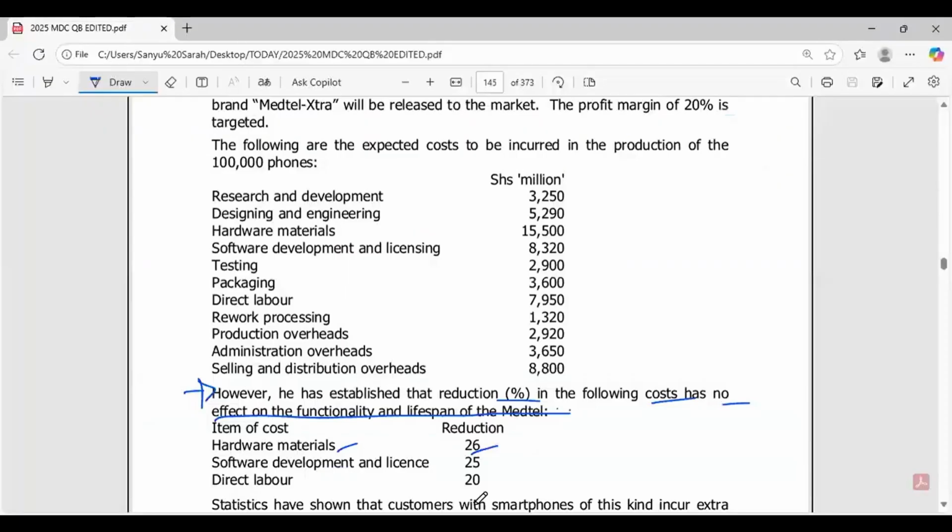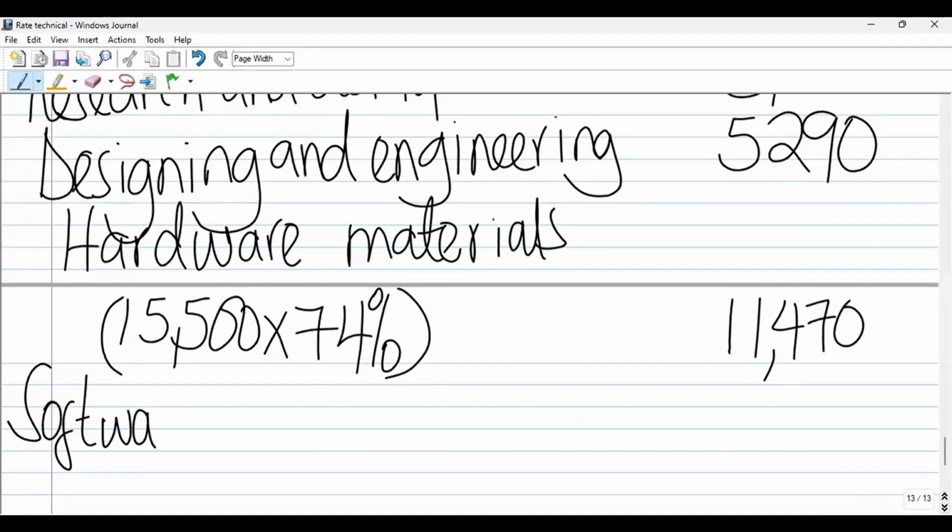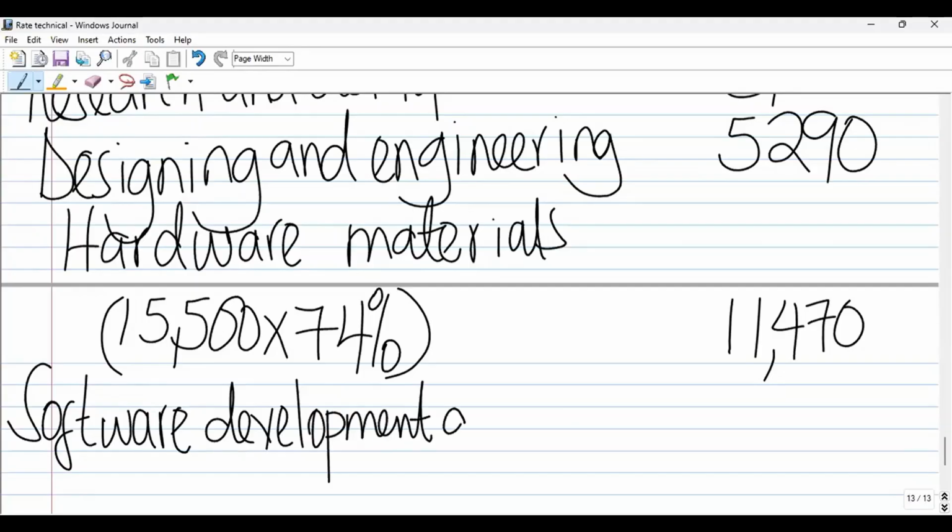When we apply reverse engineering, software development and licensing is going to be affected by a 25% reduction. So show software development and licensing.